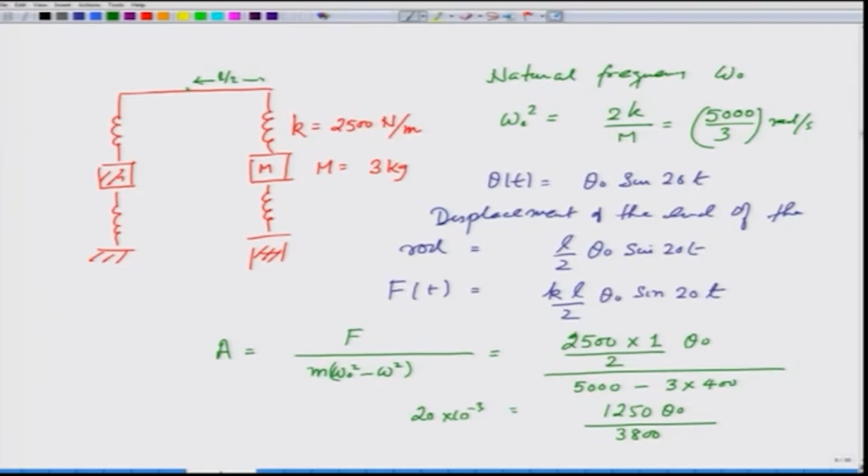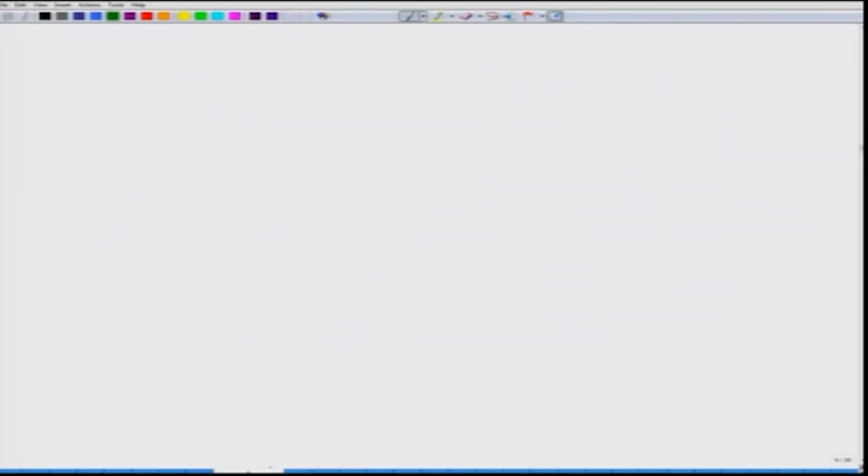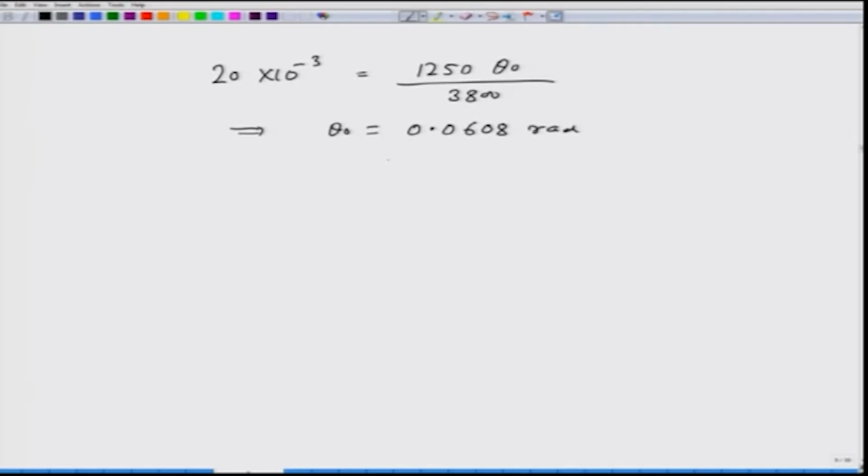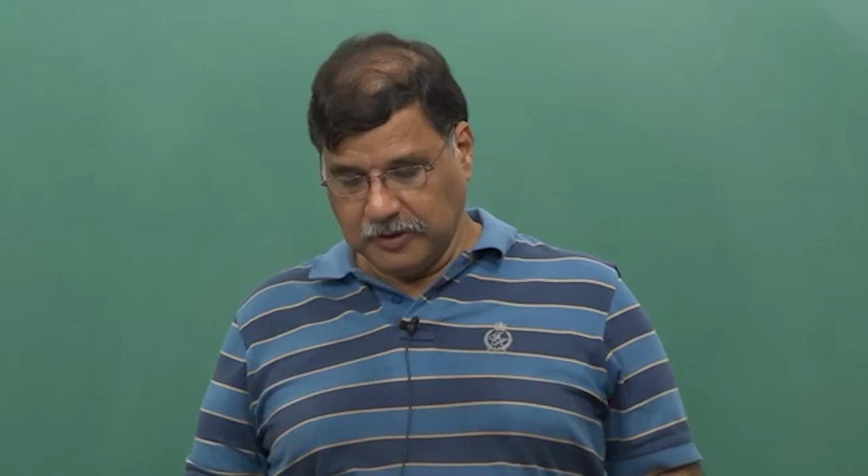So, the equation that I end up getting is 20 times 10 raised to minus 3 is equal to 1250 theta 0 divided by 3800, and that immediately gives me theta 0 to be 0.0608 radians, which is roughly equal to 3.5 degrees.